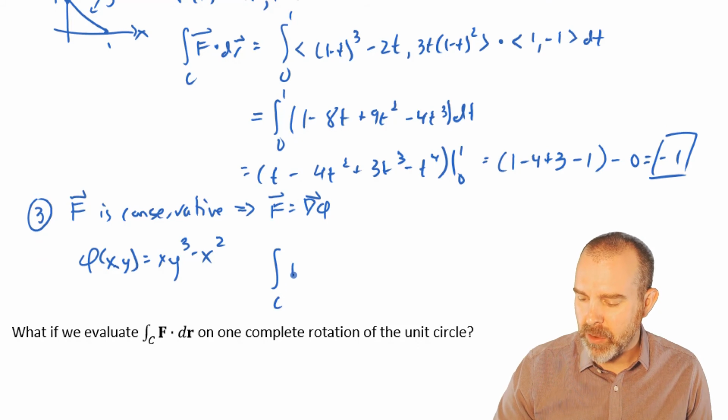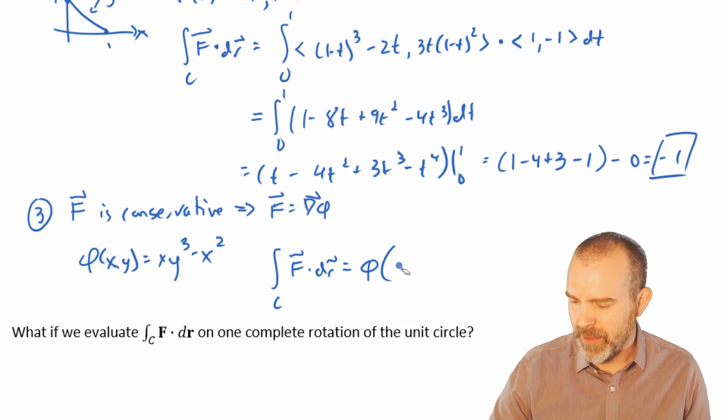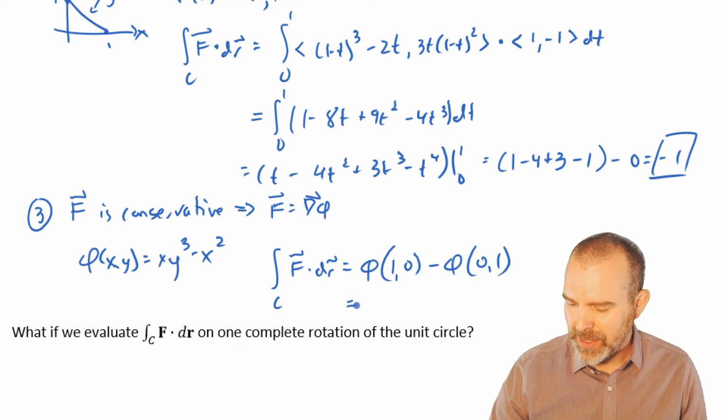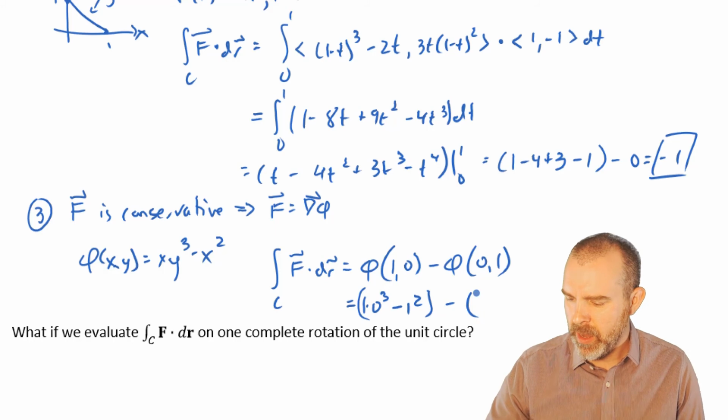And so the line integral can just be phi at the ending point, phi at (1, 0), minus phi at (0, 1). How easy is that? That's 1 times 0 cubed minus 1 squared, minus phi at (0, 1), 0 times 1 cubed minus 0 squared.